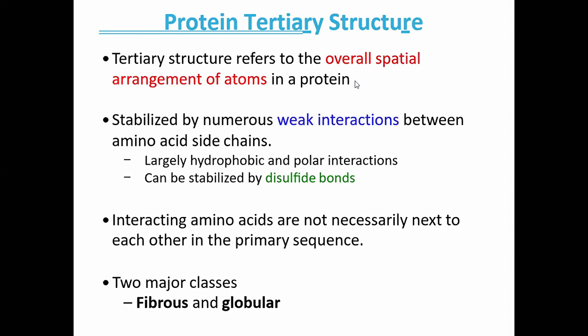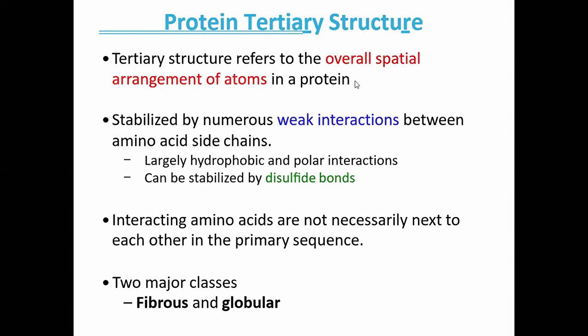This structure is stabilized by numerous weak interactions, mostly hydrophobic and polar interactions, and some by disulfide bonds as well. Interacting amino acids are not necessarily next to each other in the primary structure.